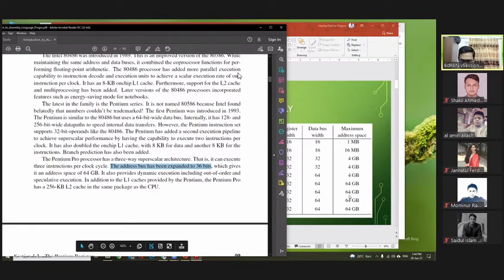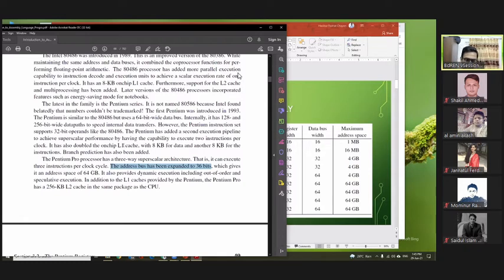That is the reason we have 64 GB, because the address bus has been expanded from 32 to 36, which gives an address space of 64 GB. So different models have different techniques or ways to increase performance and ability.